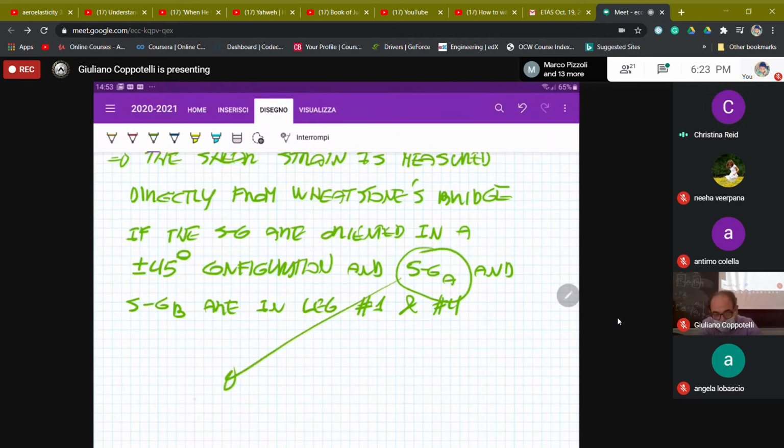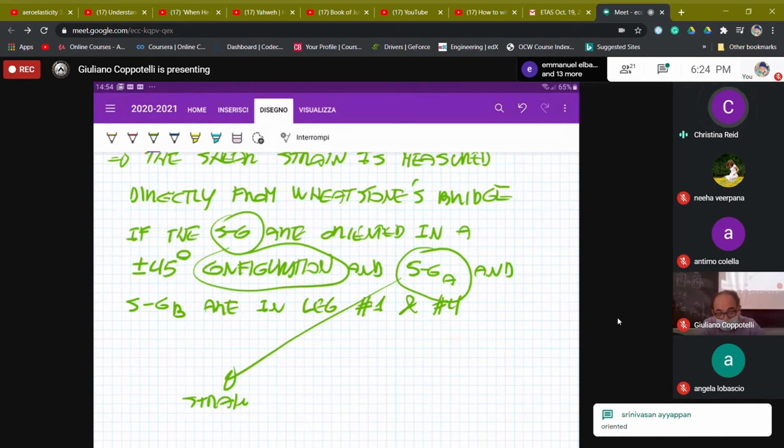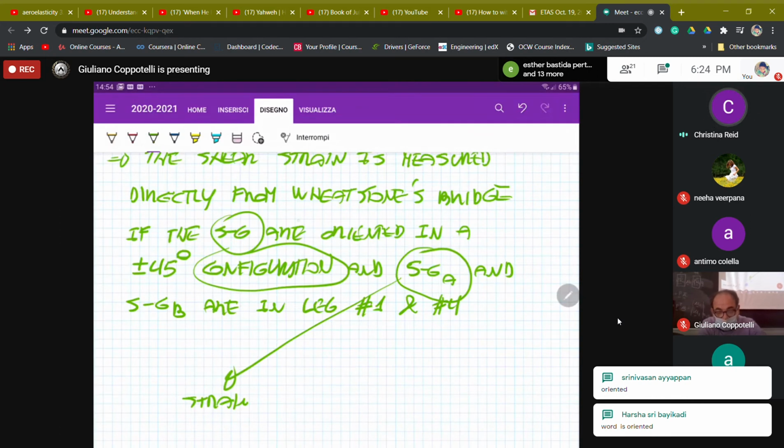Above it, get it closer. Can you read that sentence? If the strain gauge and something are oriented. Got it. Thank you. In a plus minus 45 degrees.